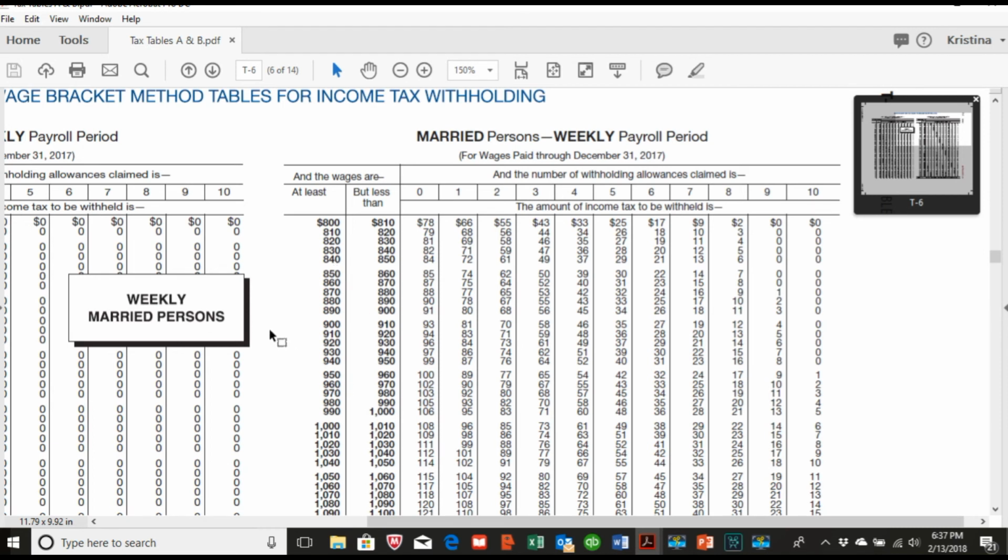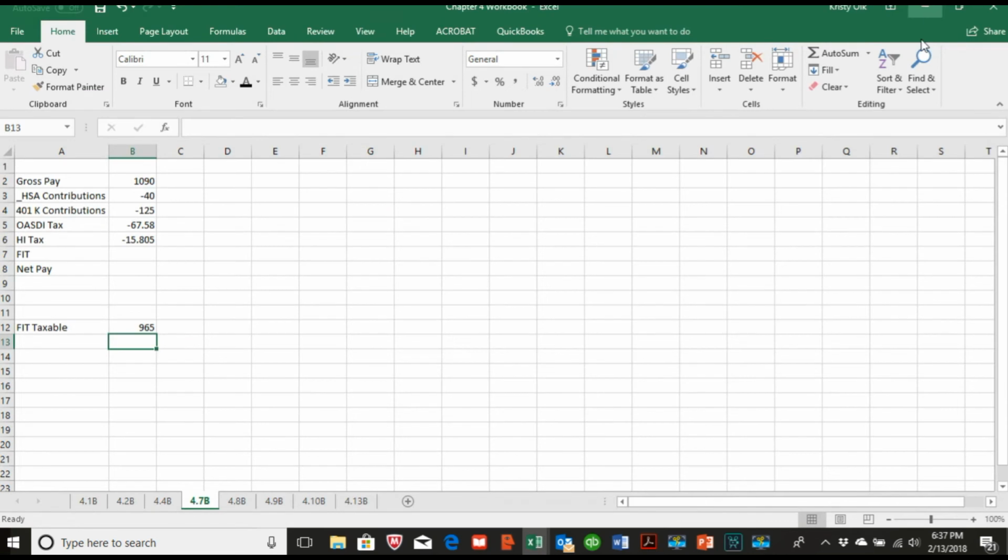Let's find married, this is also married, so $965 and 2 is $79 that will be withheld for federal income taxes. Her take-home pay is going to be gross pay less all of her voluntary deductions, less her tax deductions. So it is $762.61.